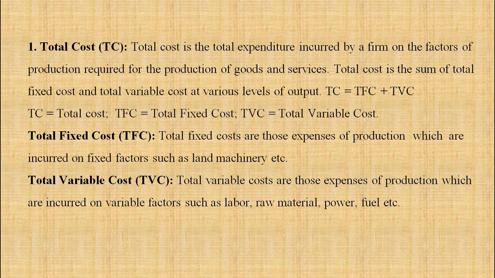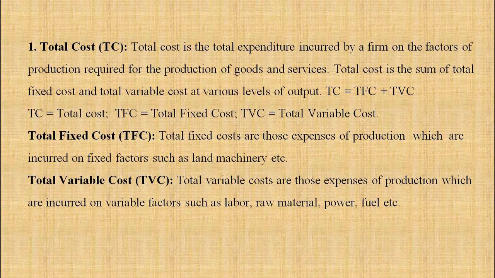Now understand total cost. Total cost is the total expenditure incurred by a firm on the factors of production required for the production of goods and services. Total cost is the sum of total fixed cost and total variable cost at various levels of output.